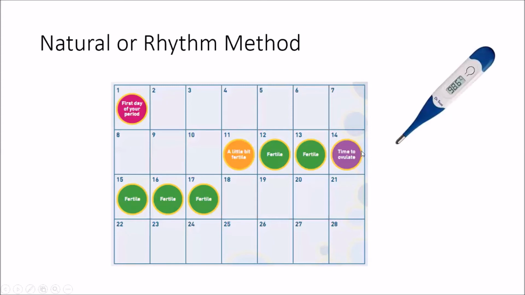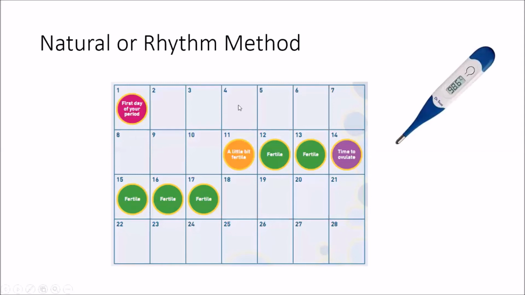Remember, with the natural method, basically two things are being done. You're using the withdrawal method, the removal of the penis from the female before ejaculation occurs, and you're only doing that in the times where a female is not fertile. So you're only able to do this during times of the month that you predict she is not fertile.